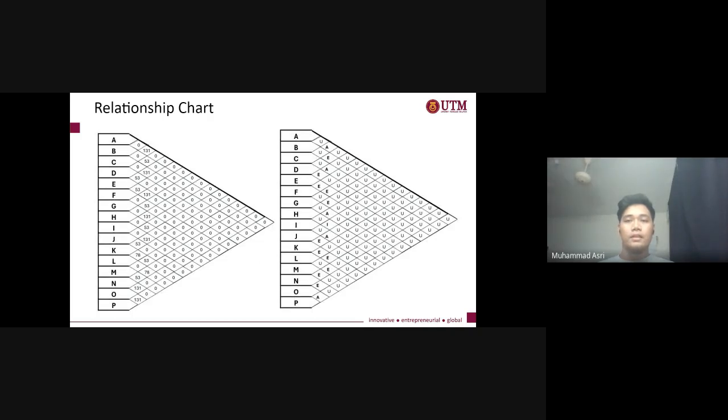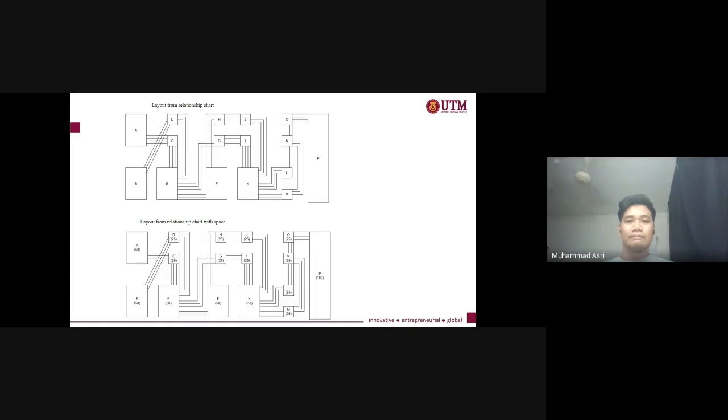So this is the relationship chart for each one, and also the rating. Next slide. After that, we can represent it with a layout chart from the relationship chart.